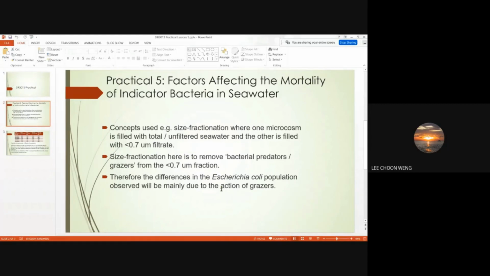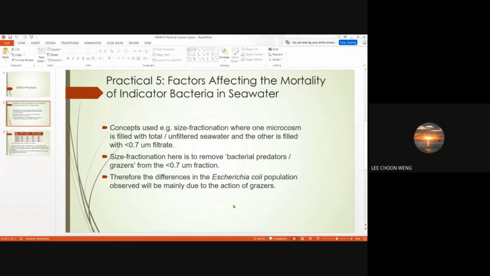So the difference will tell us the grazing rate present in the sample. However, for class practicals, usually we inoculate E. coli inside because E. coli is easier to detect.